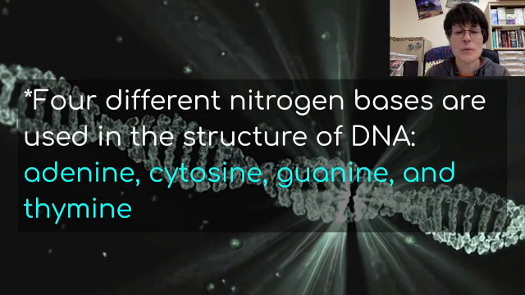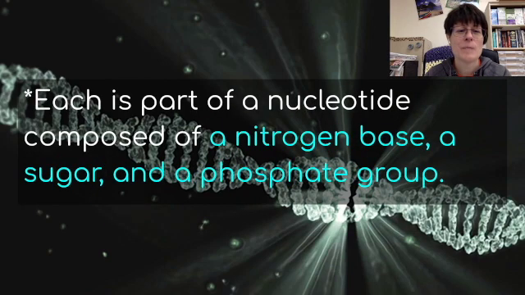Now, don't panic about knowing these names. You just need to know the first letters, A, C, G, and T. Each is part of a nucleotide composed of a nitrogen base, a sugar, and a phosphate group. And this will make more sense in class because we are actually going to be making models of the DNA and working with it so that you will see what I'm talking about.